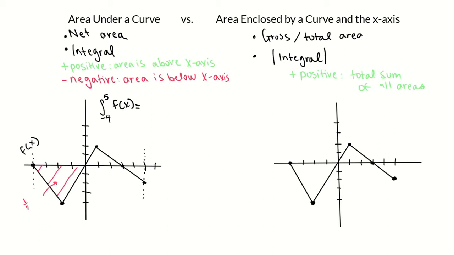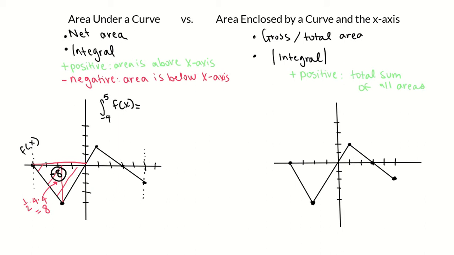Half of the base, which is 4, and the height, which is also 4. So half of 4 times 4, half of 16, and this area here is 8. So this piece of area contributes negative 8 to the integral. It's negative because it's below the x-axis.